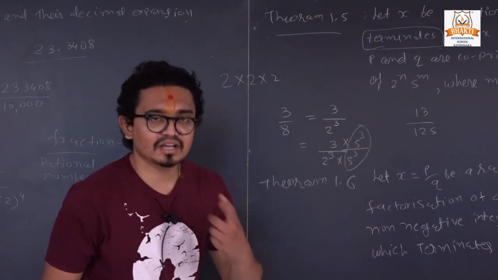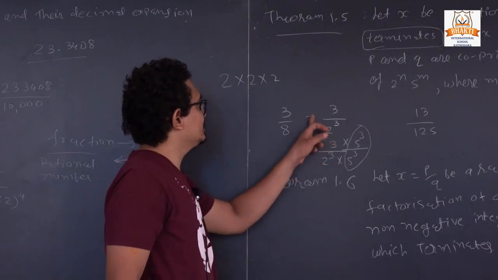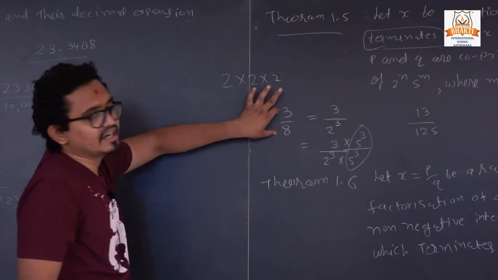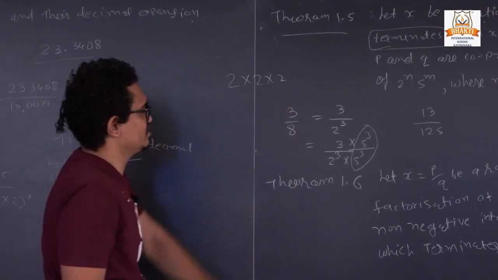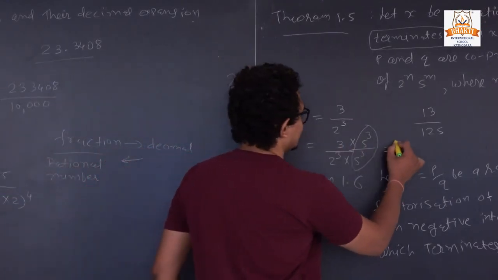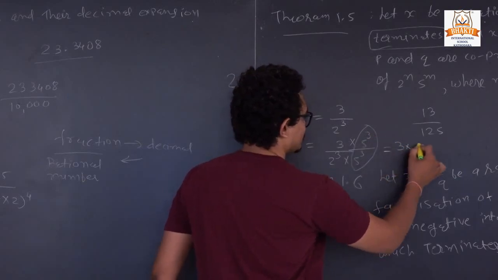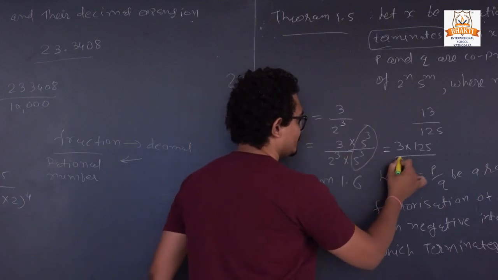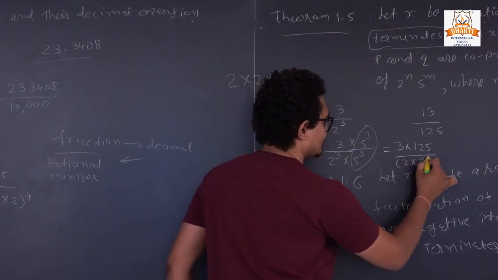Why? Because we want to convert that rational number into the decimal expansion. So 3 into 5 raised to 3 means 125 upon, both having the power of 3, so we can also write it as all raised to 3.